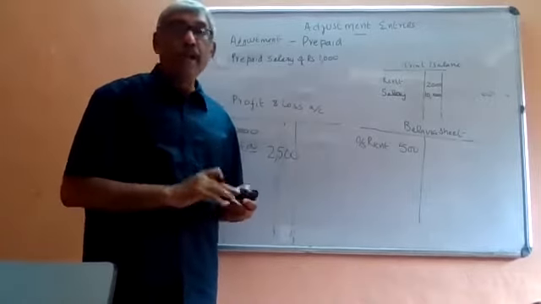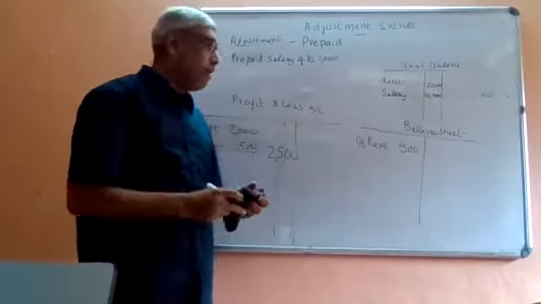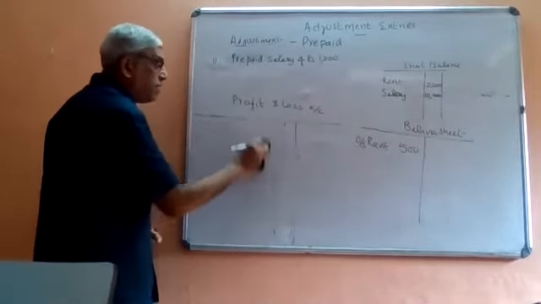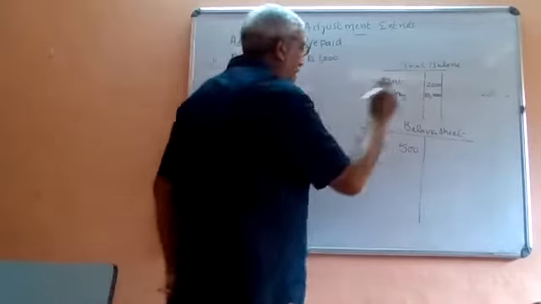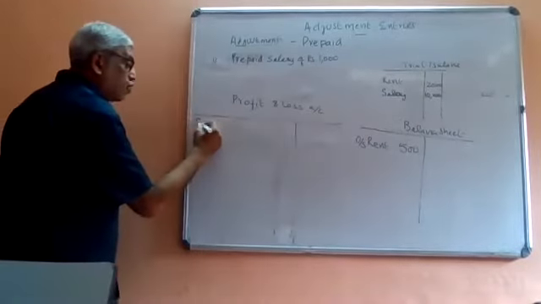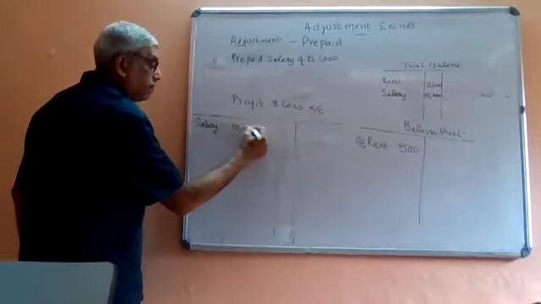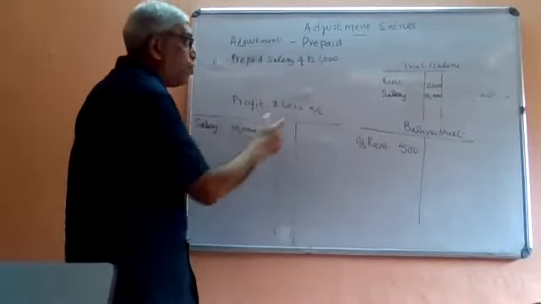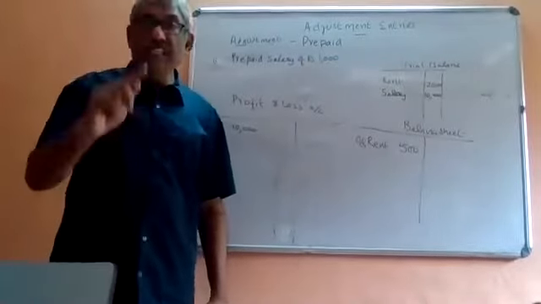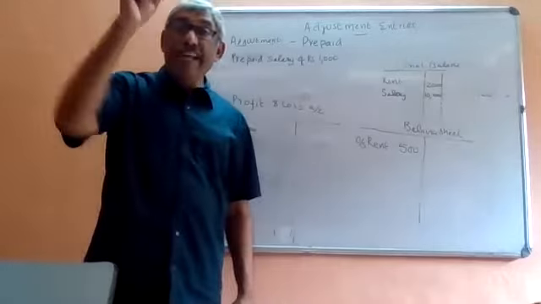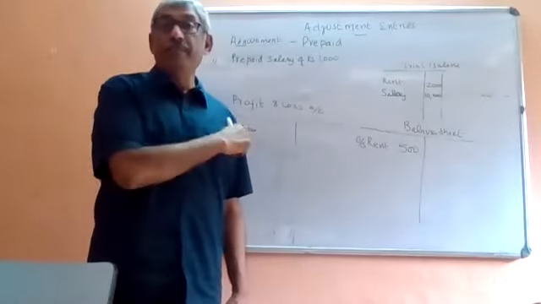So how are you going to write prepaid? At present your salary is 10,000 rupees. In that 10,000, this 1,000 is also included, which is next year's expense. So we will deduct that 1,000 from the salary.